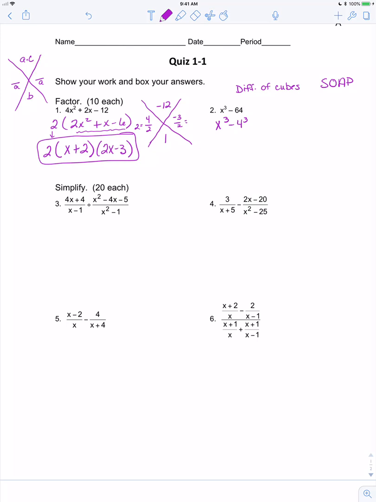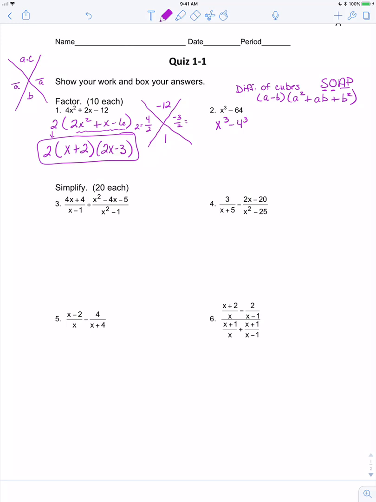If you don't remember that, the difference of cubes formula is a, same sign, which is minus. Then we have a squared, opposite sign, so that would be a plus. The two of them multiplied together, and then always positive, so that would be b squared. So that's the formula for it.